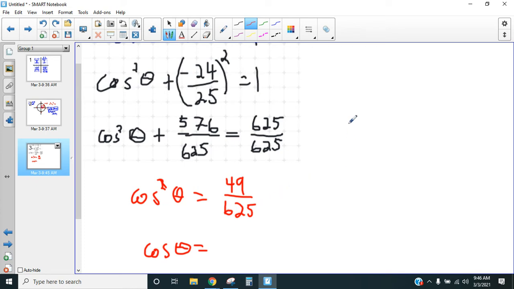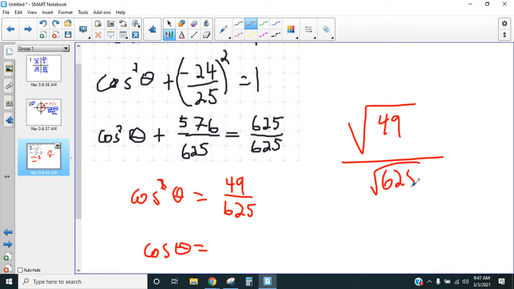When you do the square root of a fraction, you do the square root of the top and the square root of the bottom. And it just so happens 49 is square root 7. And the bottom is 25.